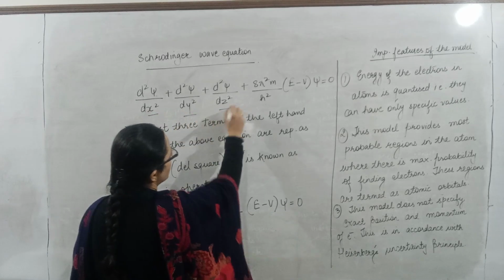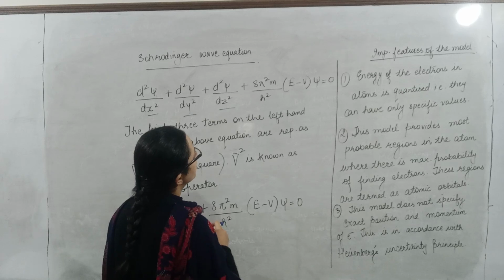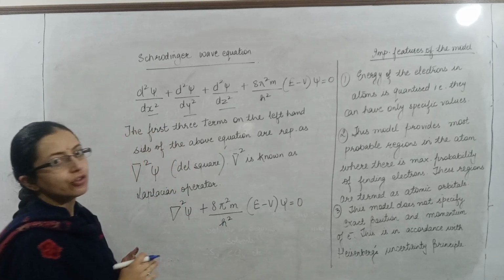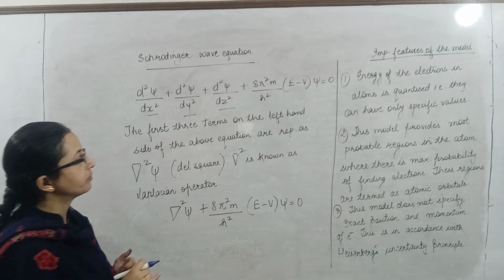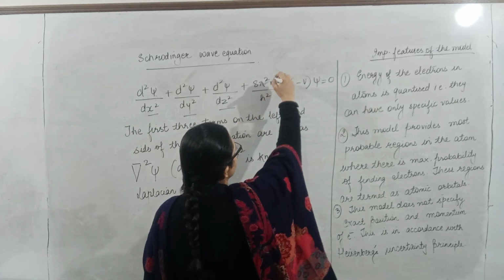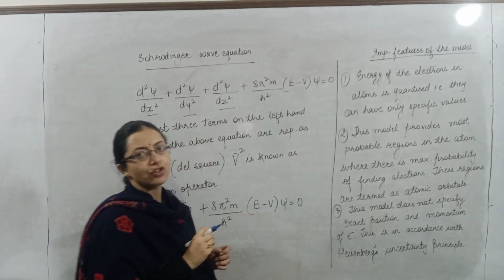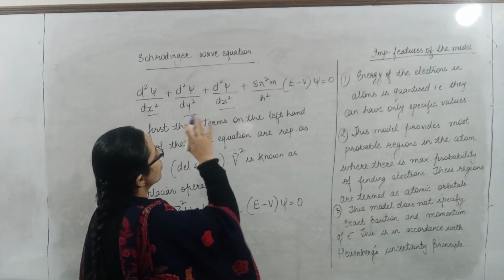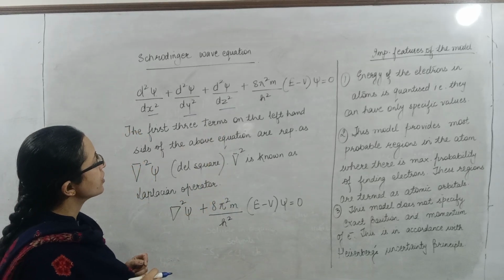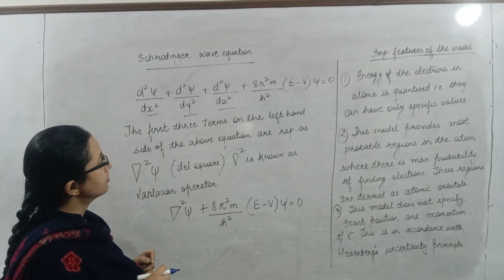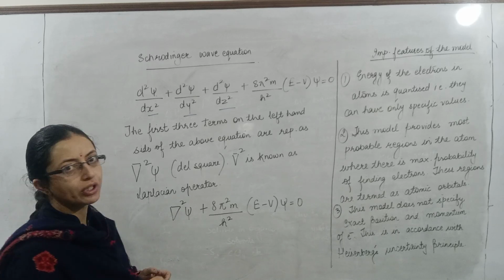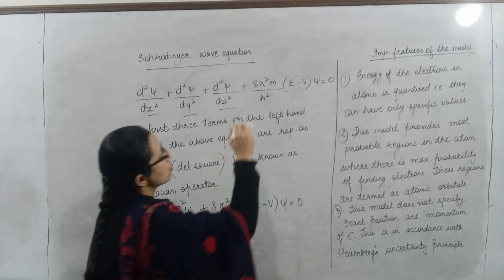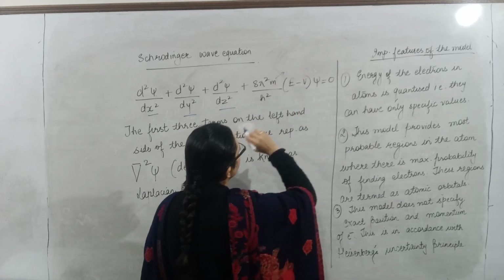X, y and z are the space coordinates which describe the three-dimensional motion of electron. Okay, because we are considering the wave nature of electron. So this Schrodinger wave equation, which was given by Erwin Schrodinger, is basically the heart of quantum mechanics. Right? So m here stands for the mass of electron.